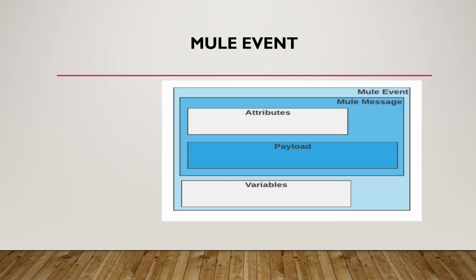In the previous video we covered various types of Mule components, but in this video we are going to cover what a Mule event is. You can see in this diagram, a Mule event is a combination of a Mule message and variables. In turn, a Mule message is also a combination of attributes and payload.